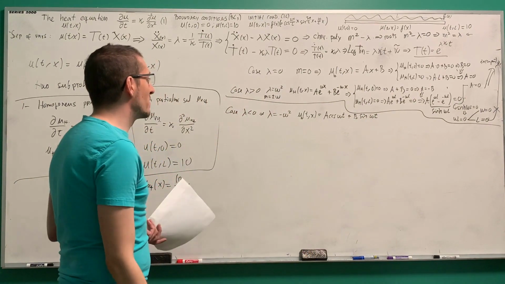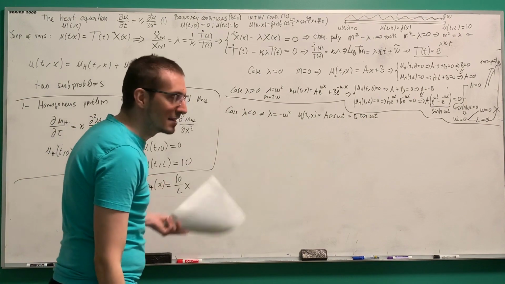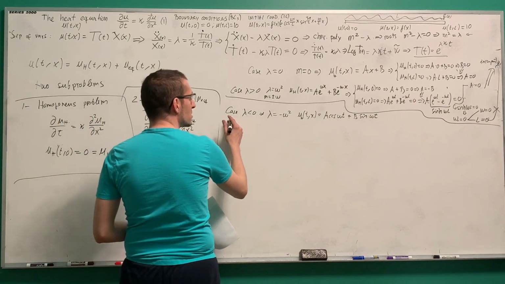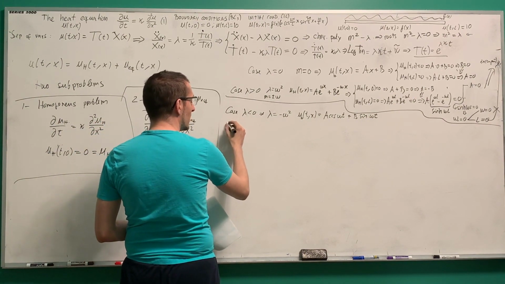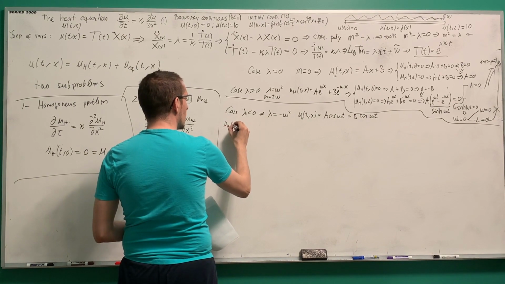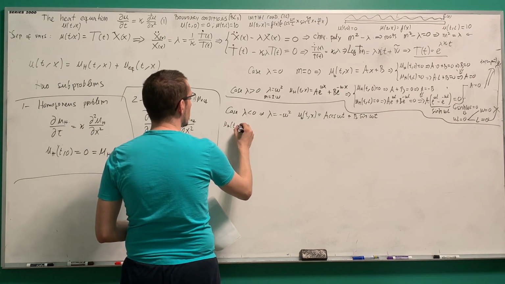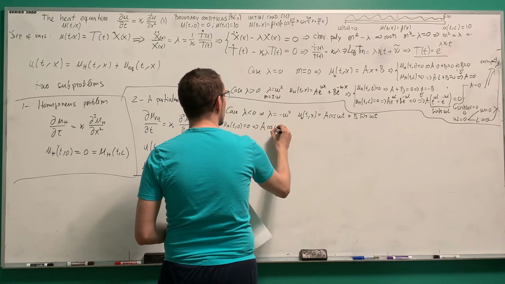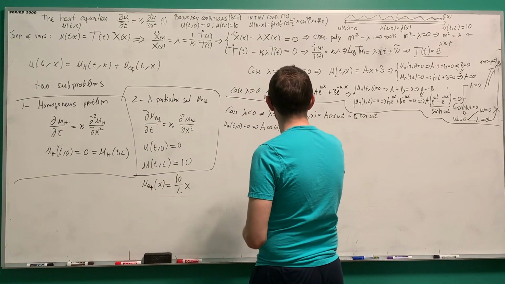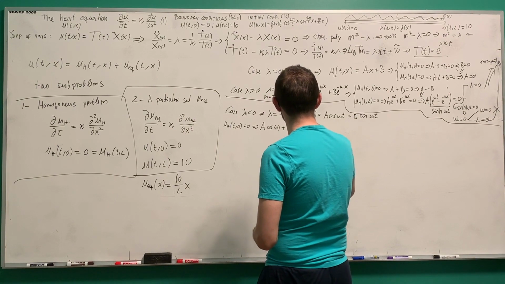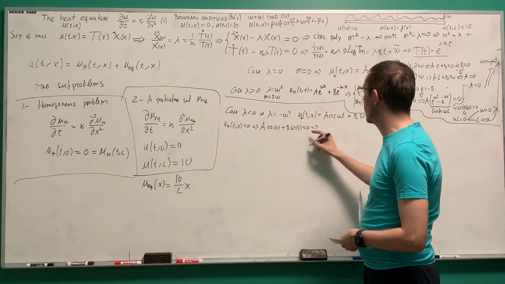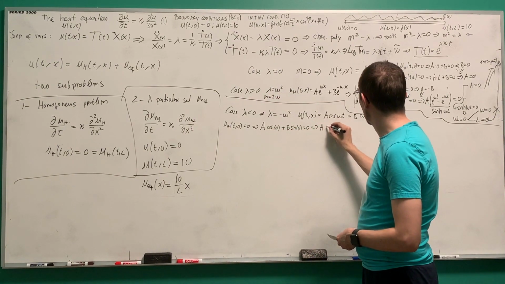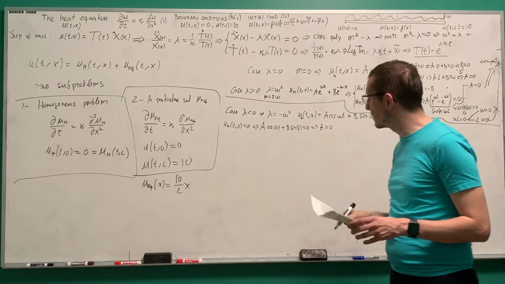And now, remember what we found. There are many solutions. Let's find that again, okay? If we impose the boundary conditions here, we get that UH of T0 is 0. Well, that means that A cosine of 0 plus B sine of 0 equals 0, which means that A times 1 equals 0, so that means A equals 0, all right?